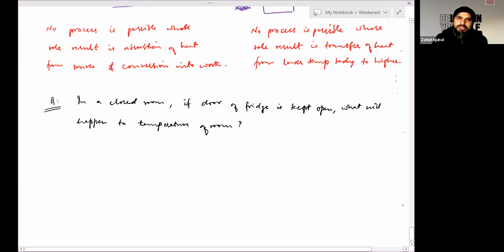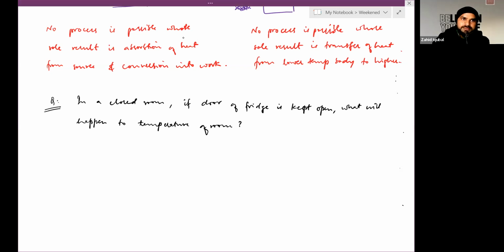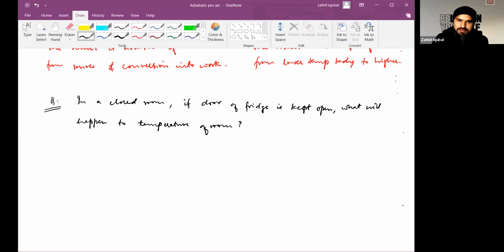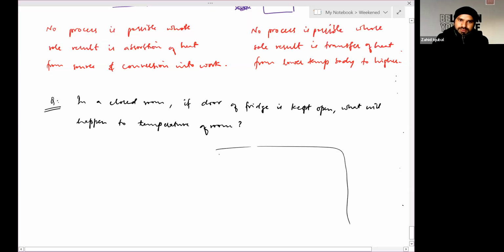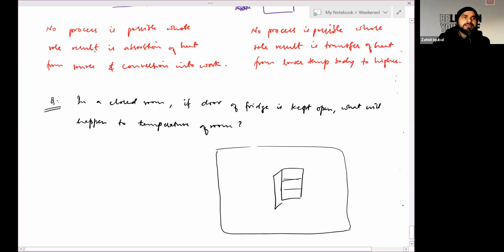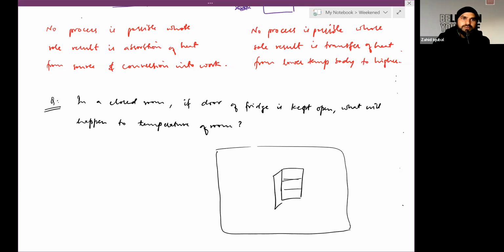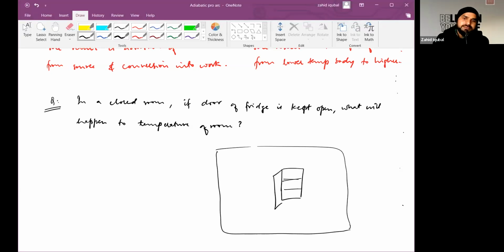Will it increase or decrease? Let me define you this process. Suppose this is any closed room in which there is a fridge whose door is kept open like this. So what will happen if its door is kept open?